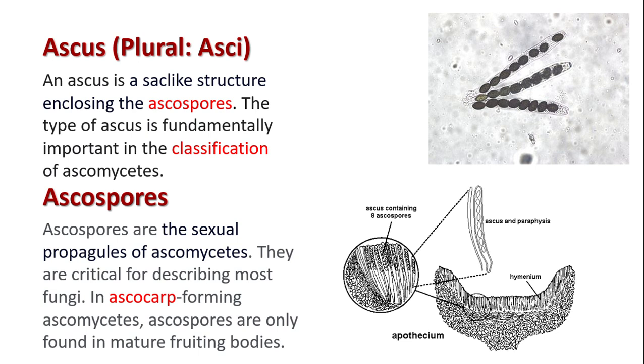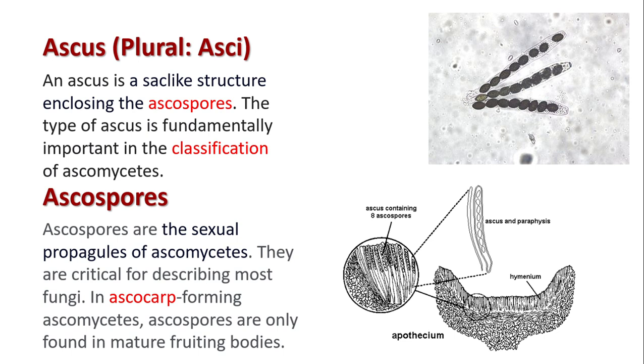So, what are the ascospores? Ascospores are the sexual propagules of the ascomycetes. These are actually the sexual spores. They are critical for describing most ascomycetes.